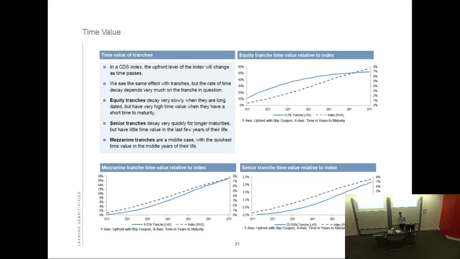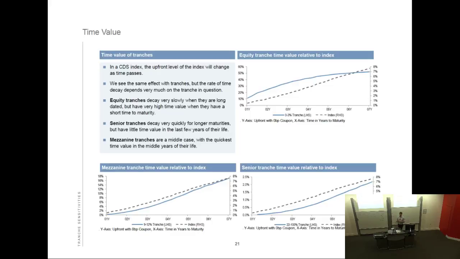And if we think next about a senior tranche, it's almost the exact opposite. If you think of its time value, a senior tranche reflects the value of a lot of names defaulting together, right? So if time passes by and nothing has happened, the value of an event like this happening decreases very quickly.